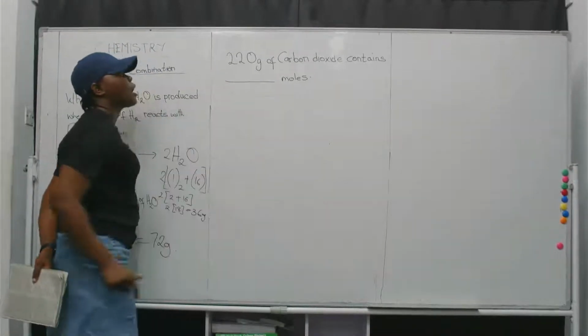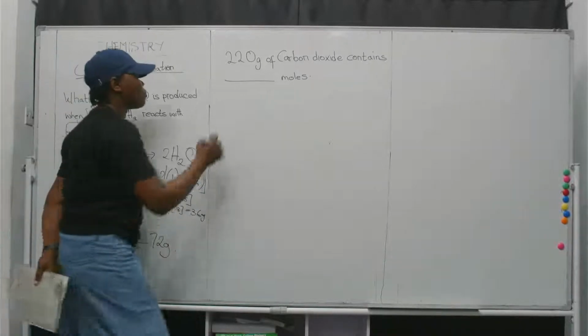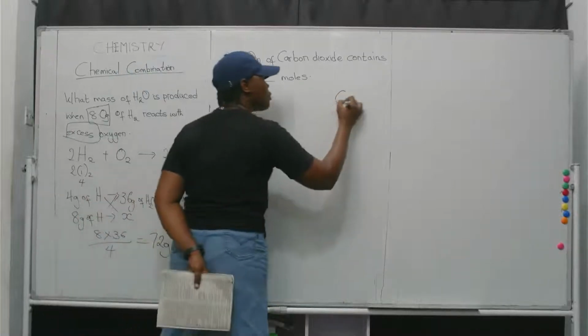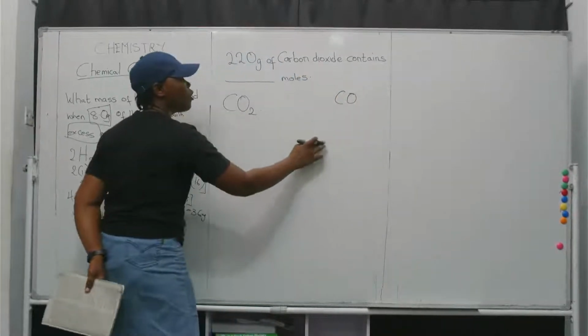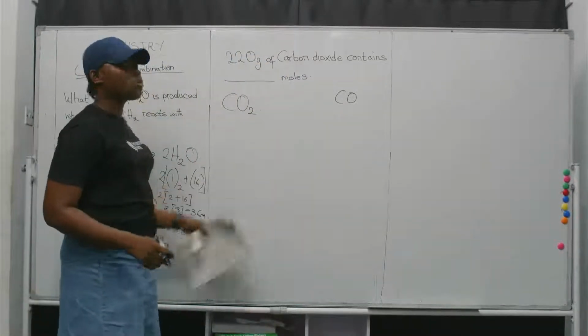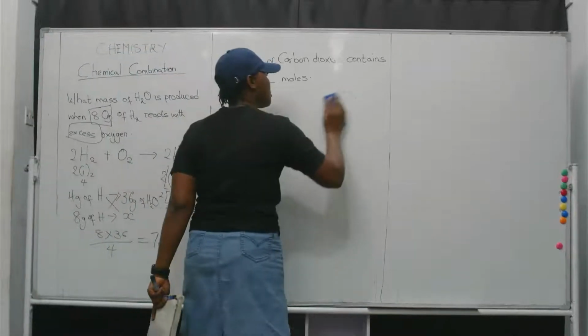What do we do? Carbon dioxide can be written as CO2. Carbon monoxide is CO, also called carbon 2 oxide, and carbon dioxide is CO2 or carbon 4 oxide. The question says carbon dioxide, so that is CO2.